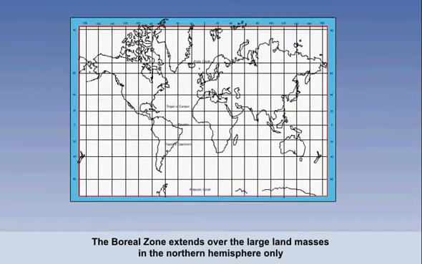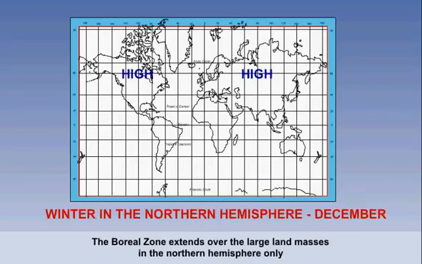This zone is highly variable because of the way the large landmass responds to the seasons. In winter, as the land cools, cold anticyclones develop, which generally give cloudless skies and emphasize the cooling effect. Extreme low temperatures can be found especially in northern Siberia, where the temperature can be as low as -60 degrees Celsius.